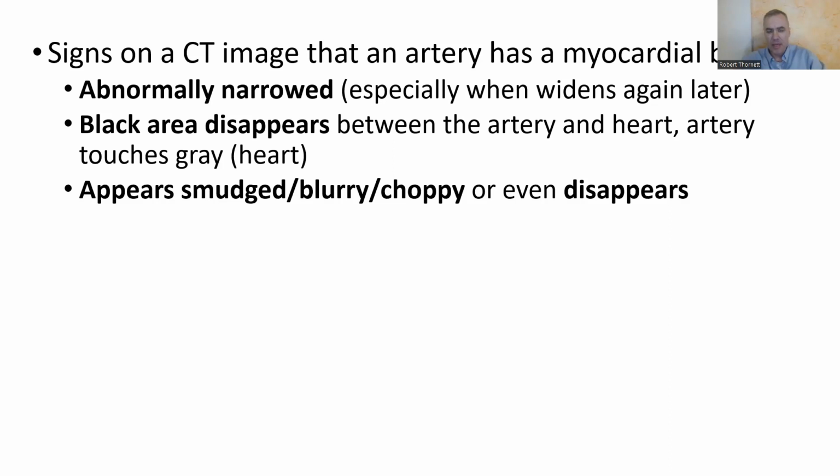Usually, as we'll see in the images coming up, there's a sudden narrowing. It's wider, and suddenly it gets very narrow, and then it widens back out again once it comes out of the myocardial bridge. So it's normal, narrow, and then wide again at the end. So that's one: the abnormal narrowing of the artery.